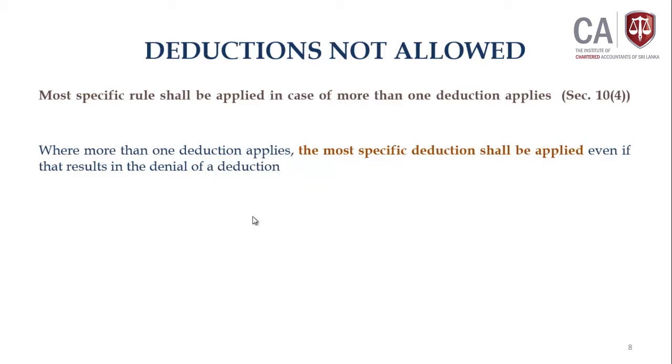Therefore, as far as repair expense on a depreciable asset is concerned, section 14 is a specific provision and has to be followed. Therefore, the most specific deduction shall be applied even if that results in denial of a deduction. Even if the expense is refused, it does not matter, the more specific rule will be applicable. It is very important when you are reading this law that this rule is applied.